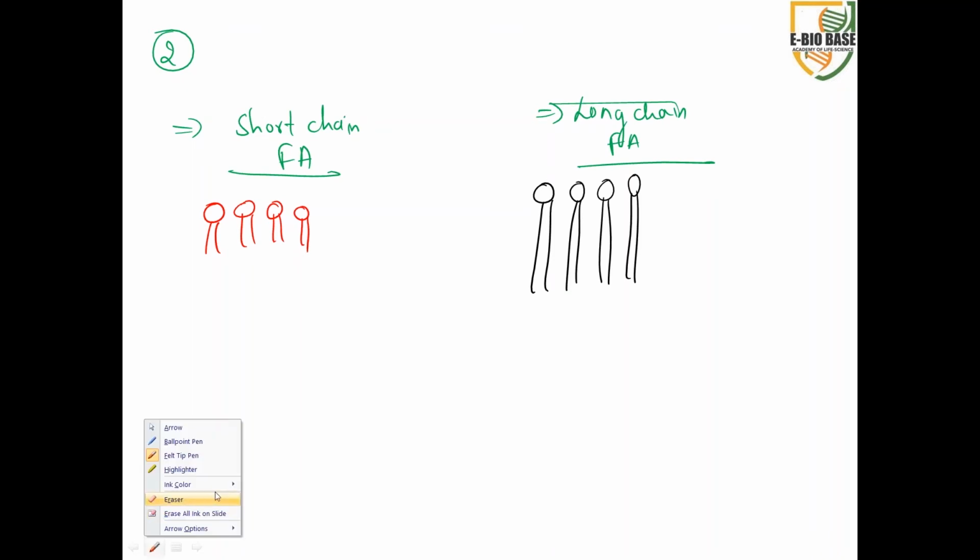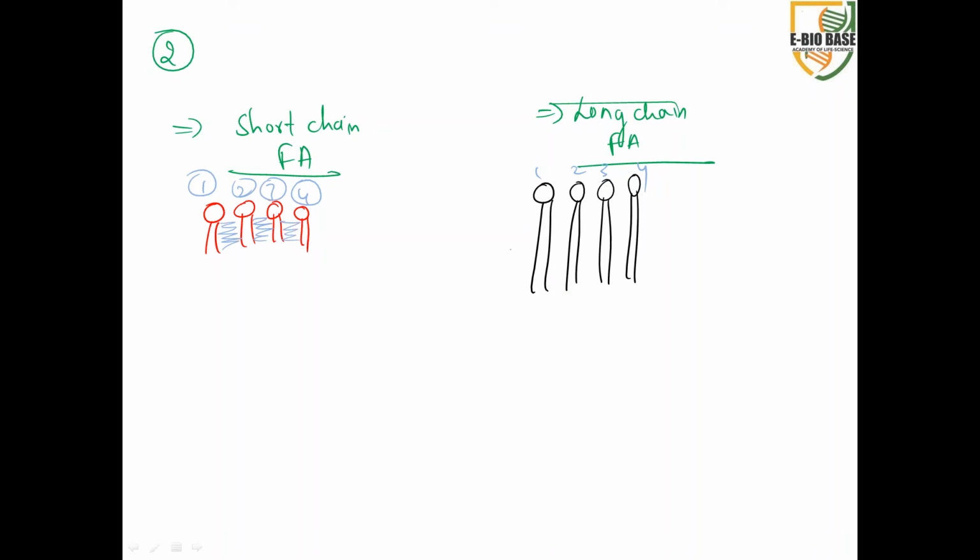So I'll just explain this. So between two, I'll write down 1 2 3 4. So these are the four phospholipids here, short chain, and 1 2 3 4 in case of long chain fatty acids. Between 1 and 2 phospholipid there is an interaction, right? So the interaction is like this, right?